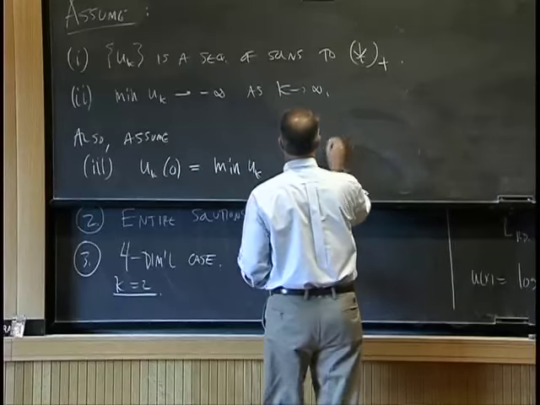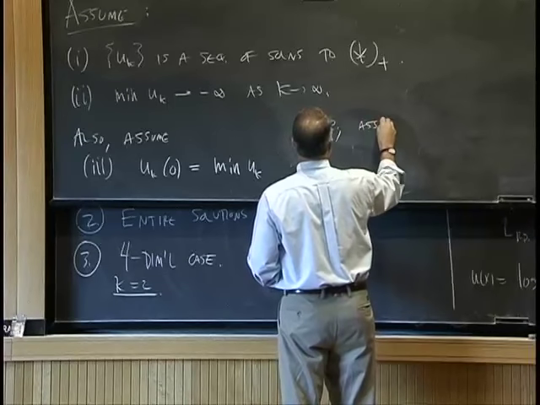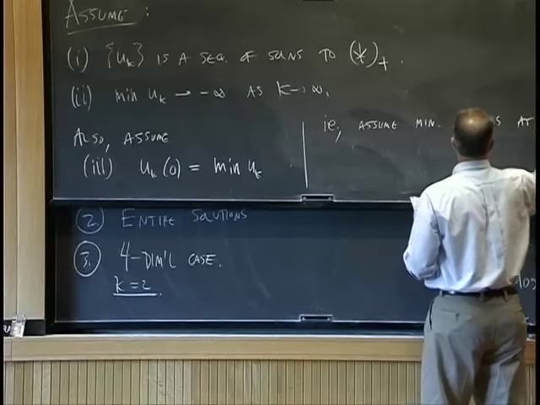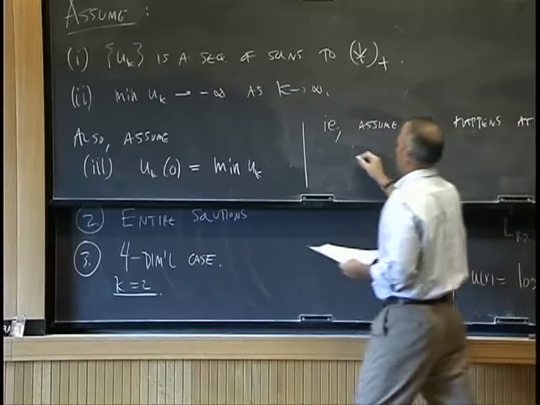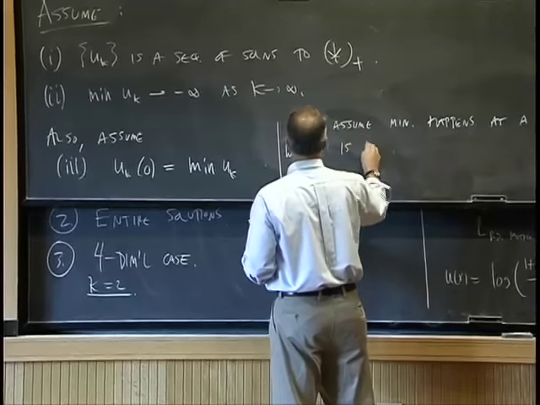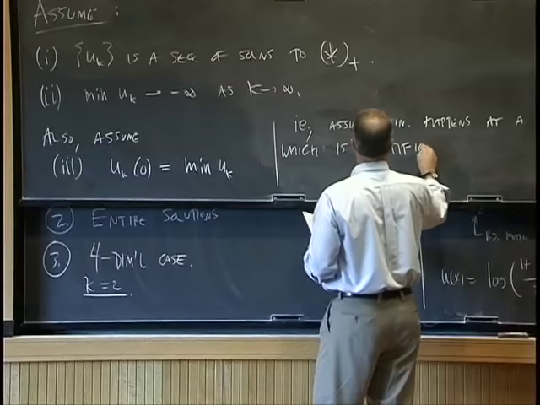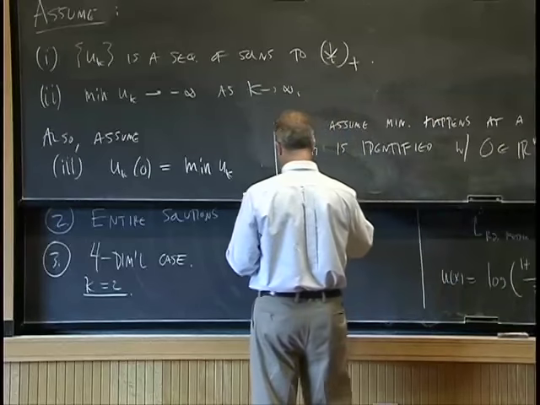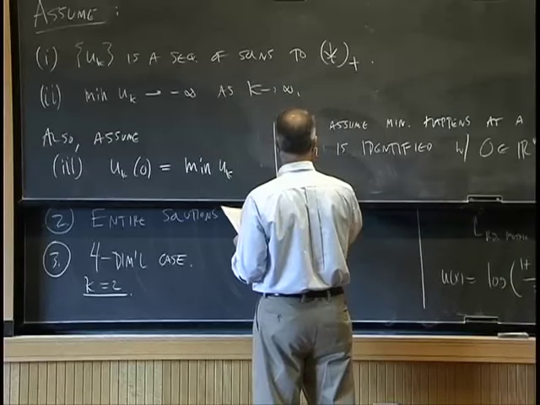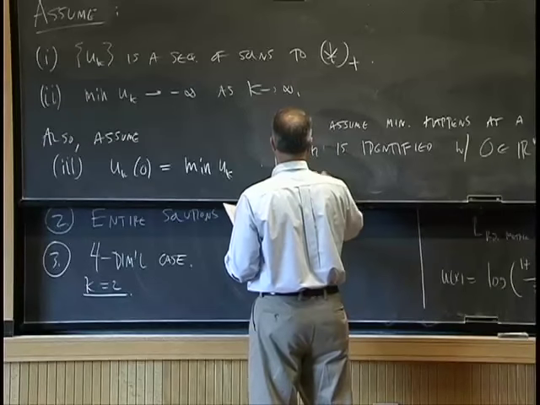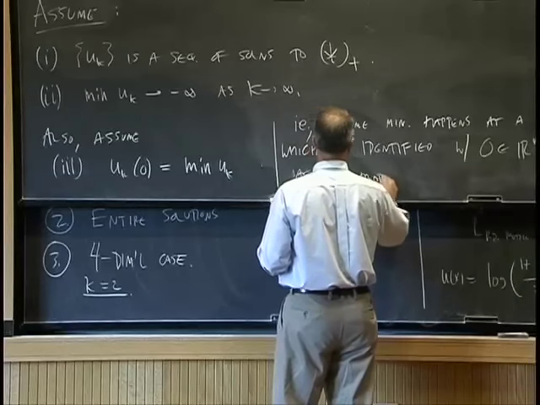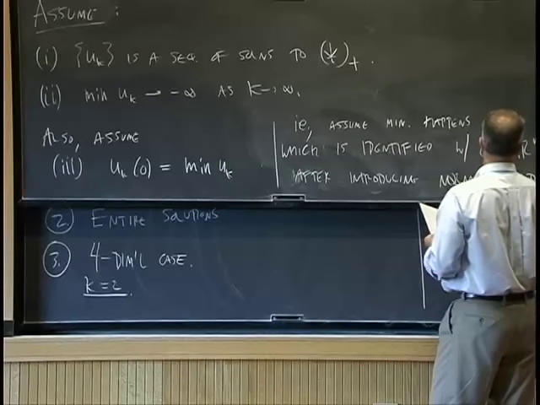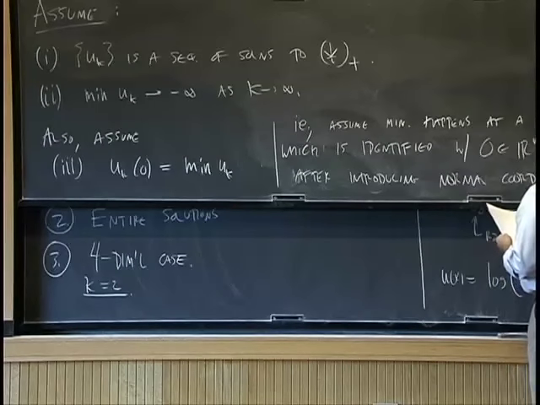I.e., assume that the min happens at a point which is identified with the origin in Rn, after introducing normal coordinates at the point.